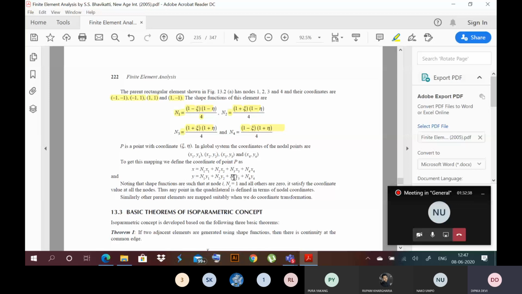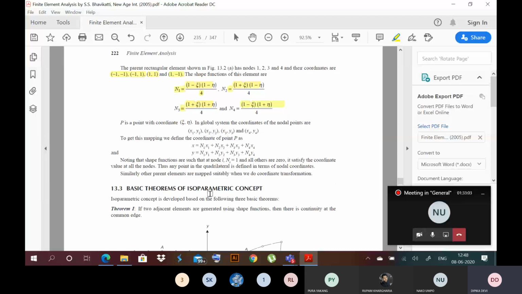You can calculate N1, N2, N3, N4 if you know xi and eta for the point. Once you know them, you can find x and y of that point. So using the isoparametric concept, we can relate the Cartesian coordinates with the natural coordinates.